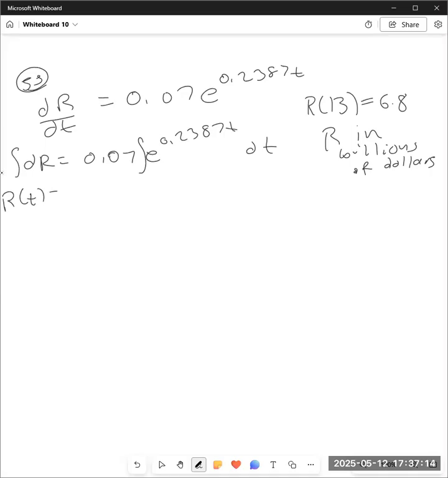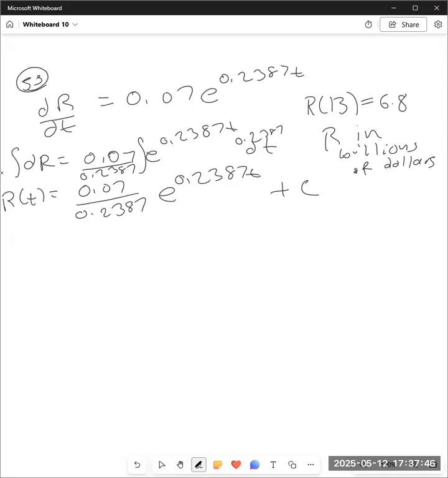R of t is equal to 0.07. We need to divide by 0.2387 here. So 0.2387 e to the 0.2387t plus c. Let's clean that up a little bit.